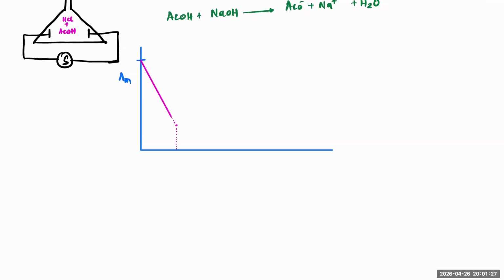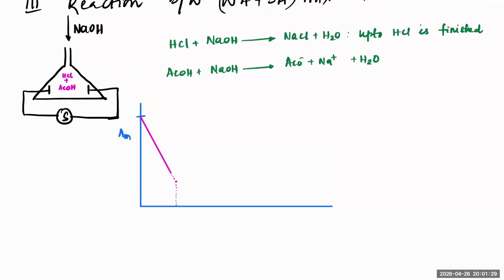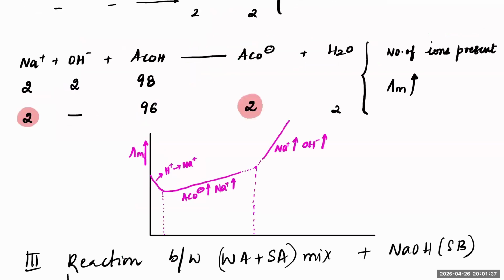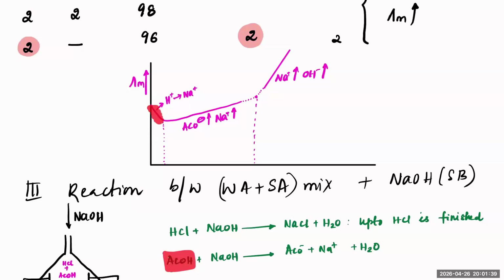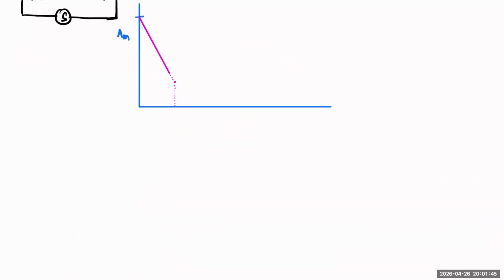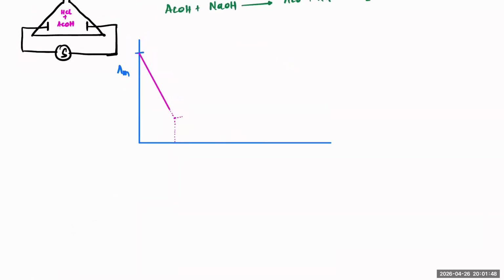Thereafter, when HCl is finished, that will also consume any amount of H plus contributed from ACOH, right? So this smaller part of decrement of lambda m is not visible anymore. Hence, the second part is always about the next titration, which moves like this, where the acetic acid is titrated with NaOH. This is the second equivalence point.